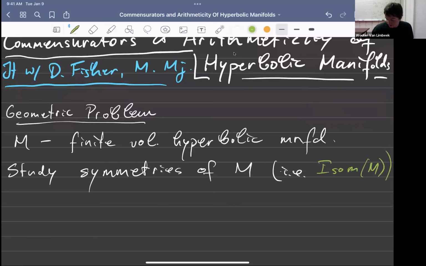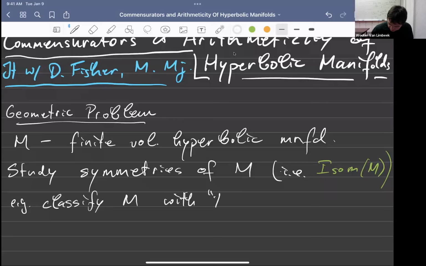By study, I mean whatever you would like to know, but for example, something that appeals to me is to try to classify M with the most symmetries, whatever that means. I'll make it more precise in just a second.